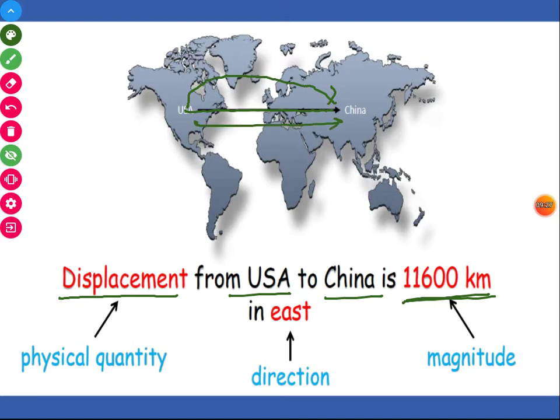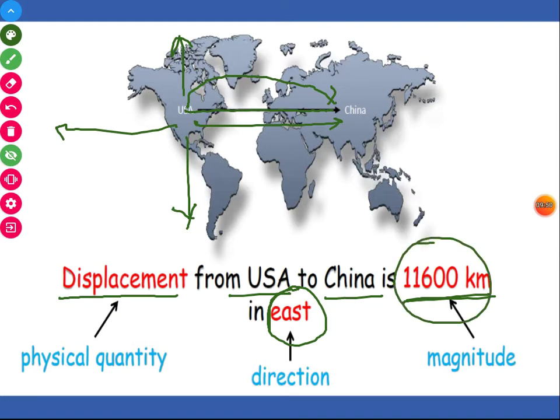This is the direction, this is west, this is south, and this is north. So China is located east from the USA, and it is 11,600 kilometer away in east from the USA. Unless we represent this direction along with this, we cannot exactly locate where China is from the USA.